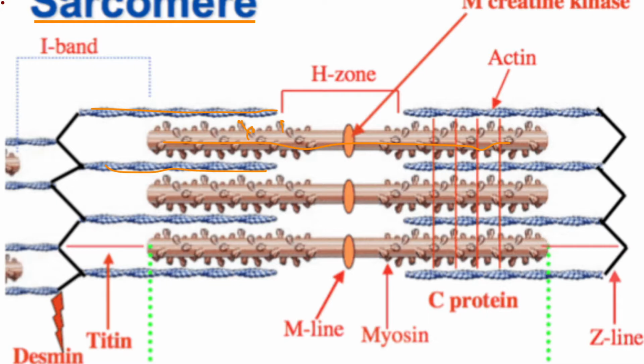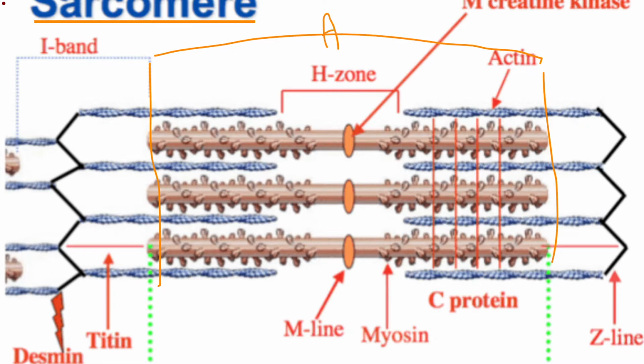Now, we have some designated areas here, from here to here, where we have alternating actin and myosin. This is the A band, and it's probably typed down there, but I don't want to move this at this point.